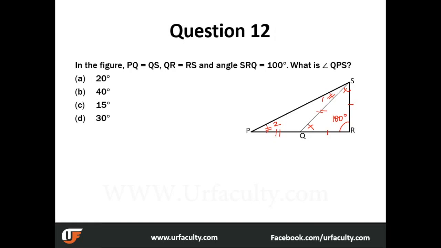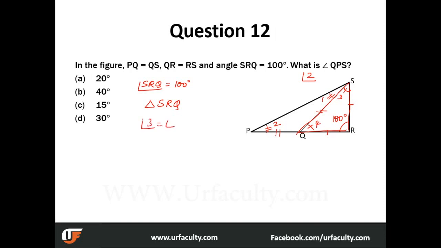Now, we need to find out angle 2 from what we have drawn here, QPS. Okay. So we know that angle SRQ is equal to 100 degrees. Our first step is to take into consideration triangle SRQ. We know that angle 3 and angle 4 are equal.